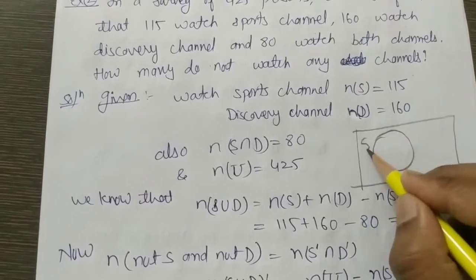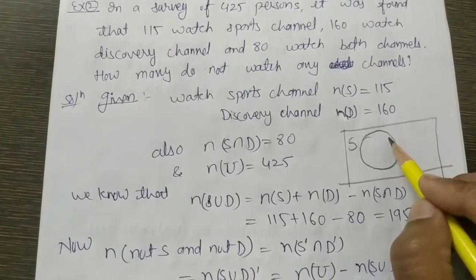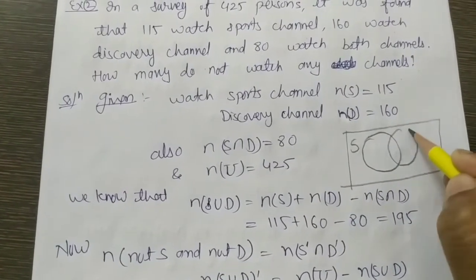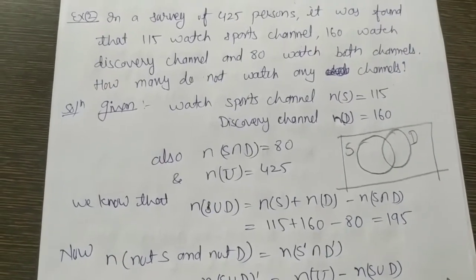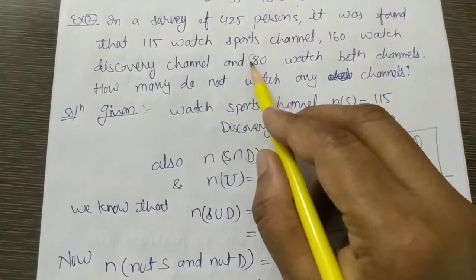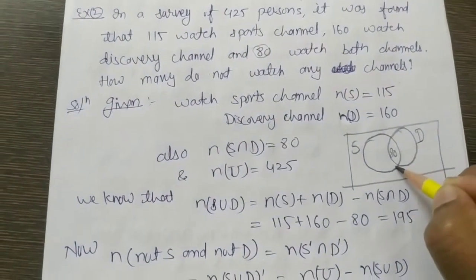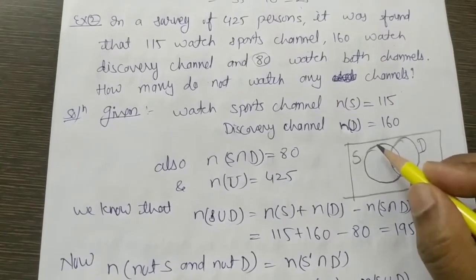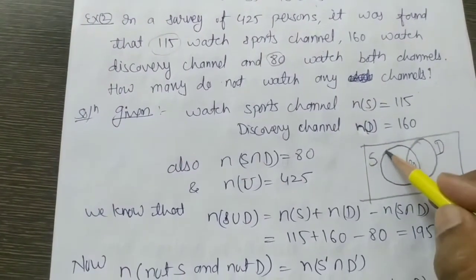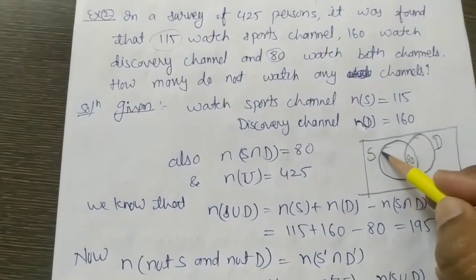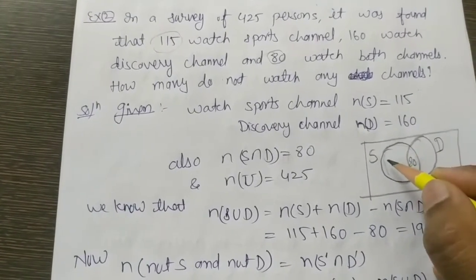Suppose this set S shows the number of persons who watch sports channel, and this shows the number of persons who watch Discovery channel. 80 watch both. It means there are 80 people in the intersection part. The sports channel is watched by 115, so this part is shown as 115 minus 80, that means 35.